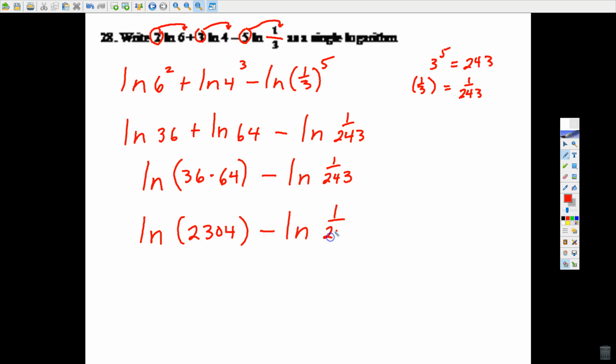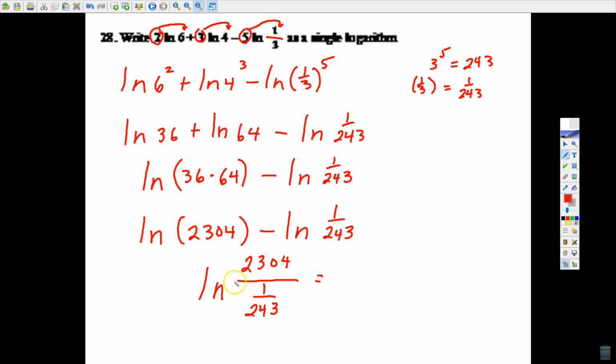Now we're ready to combine these two separate log expressions into a single one. They're being subtracted. But we have a quotient property that says two logs that are being subtracted can be joined together using one single log and division of the numbers. Okay, so the left number goes on top, and we'll be dividing by 1 over 243. Well, we have to be careful here.